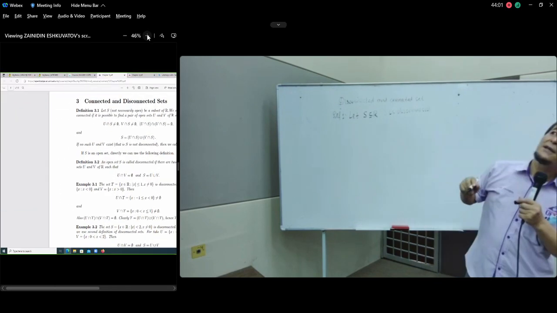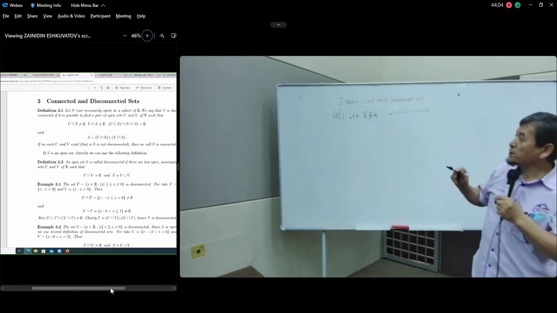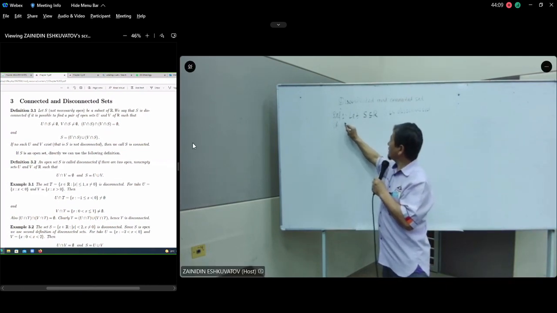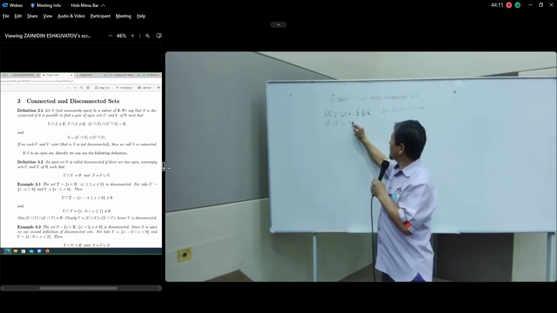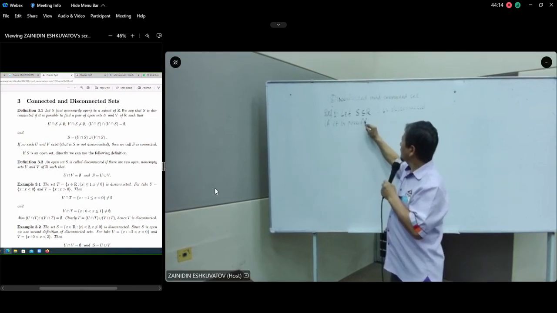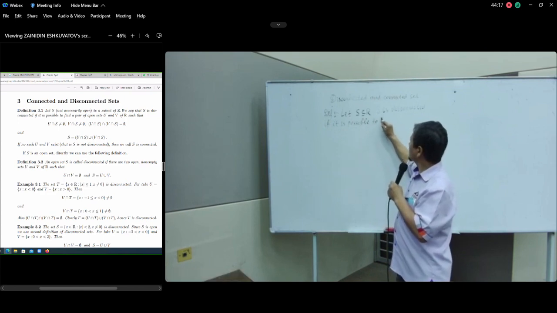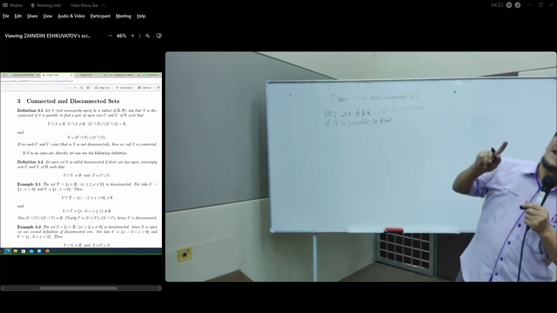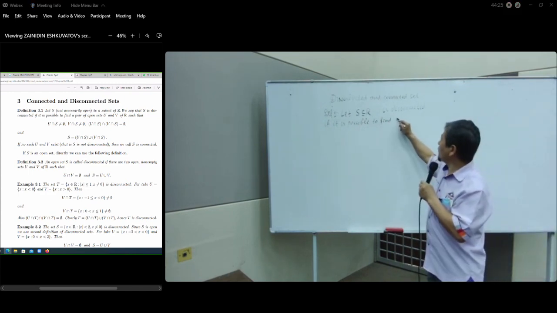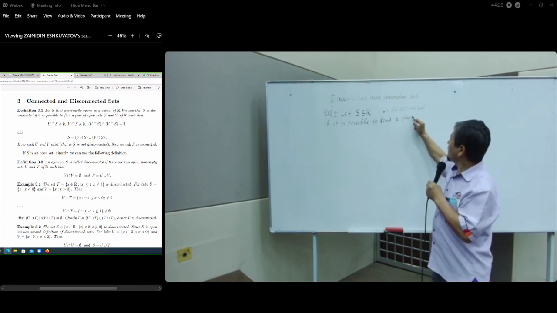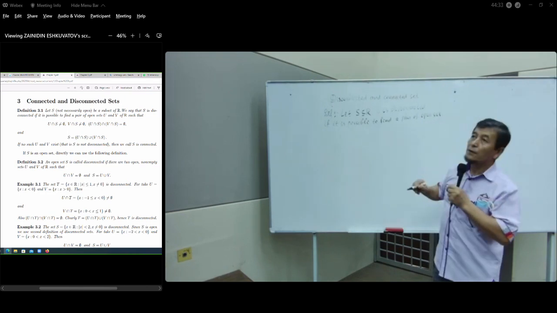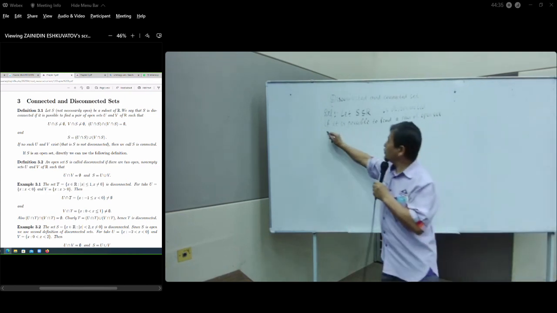S is disconnected if it is possible to find a pair of open sets, we call them U and V.